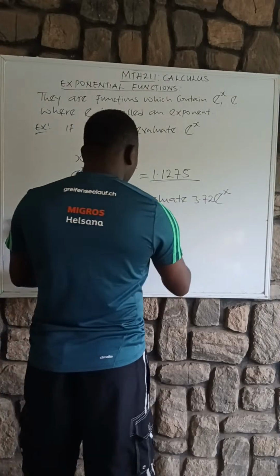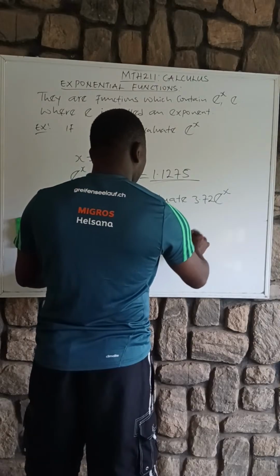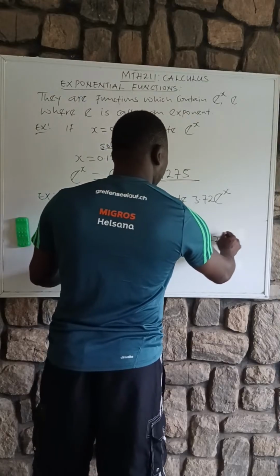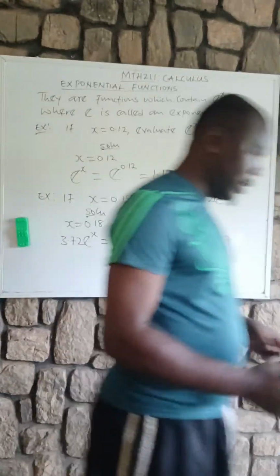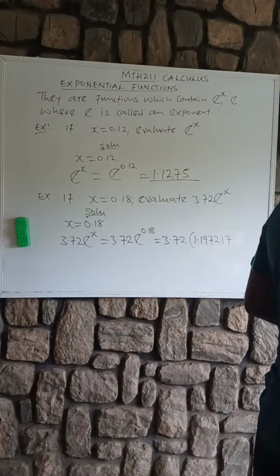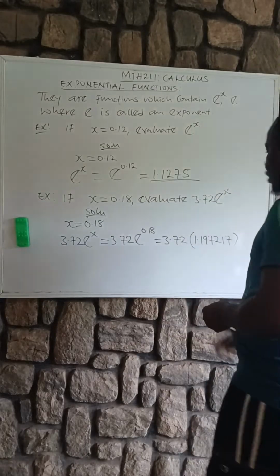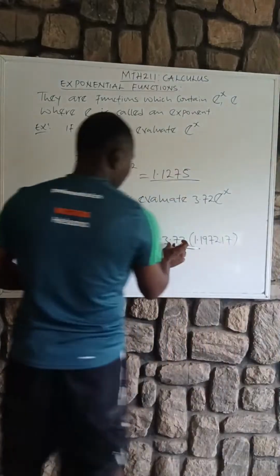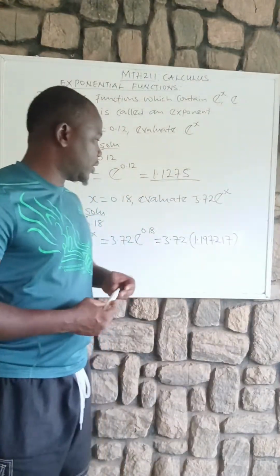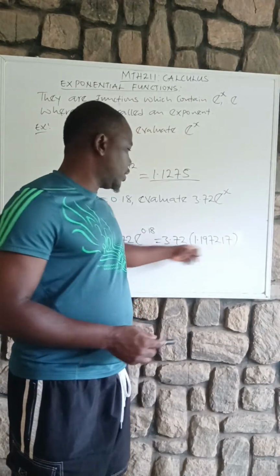It means 3.72 times 1.197217. I want you to use your calculator to multiply this. What are you supposed to have? Please do that quickly.